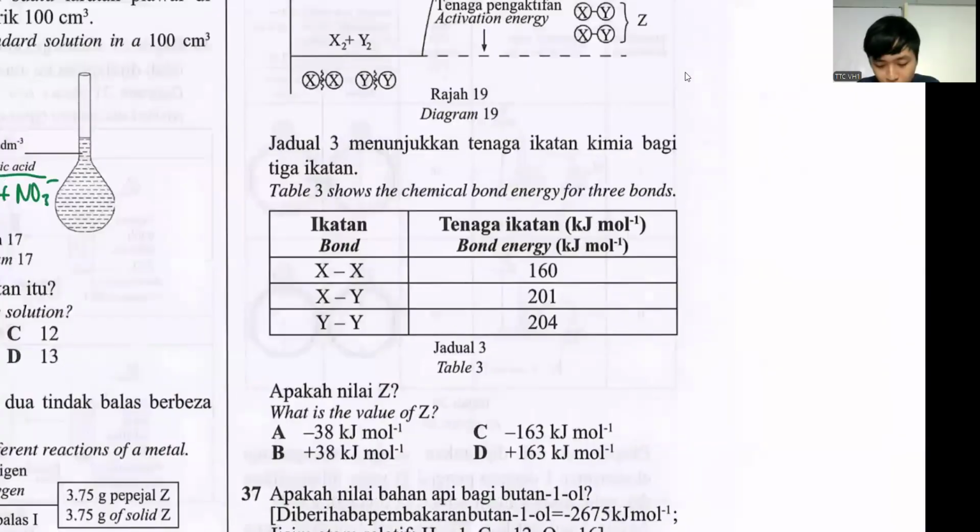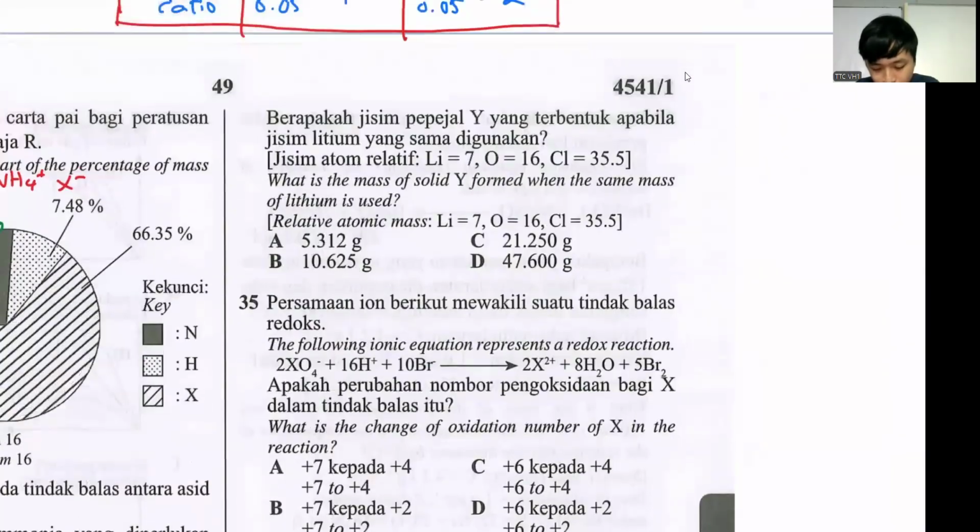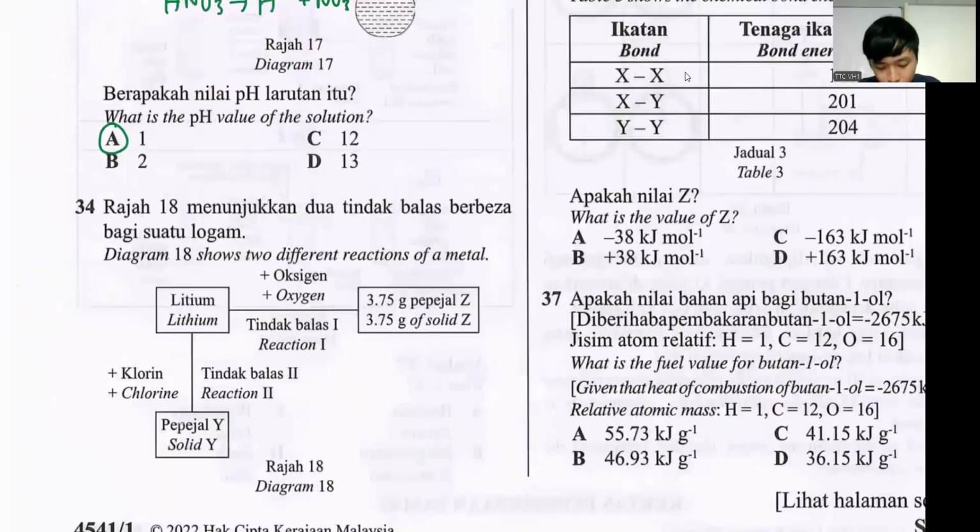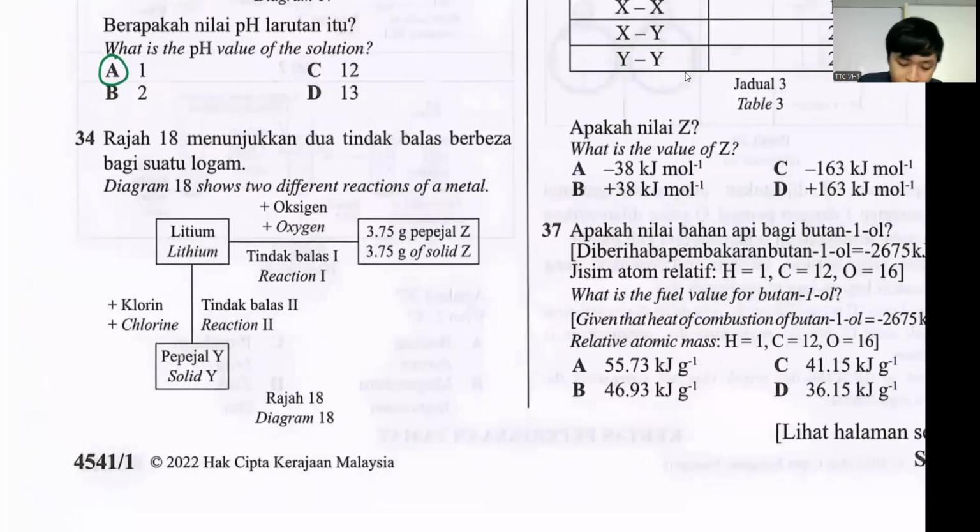Question 34. This one is a little bit involved, like Form 4 chapter 4 theory plus Form 4 chapter 3 calculation. In this case, lithium reacts with oxygen to form 3.75 grams of solid Z. What is solid Z?